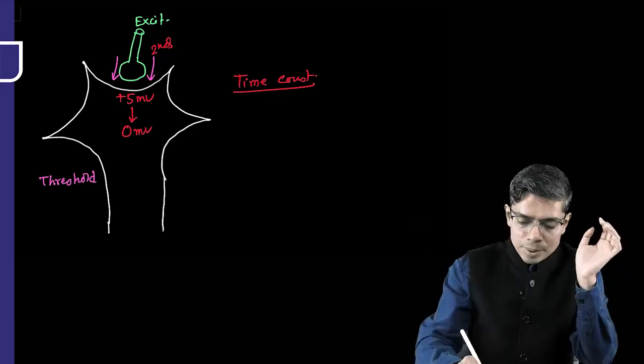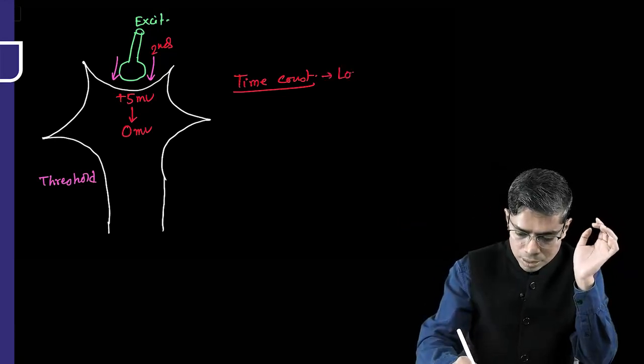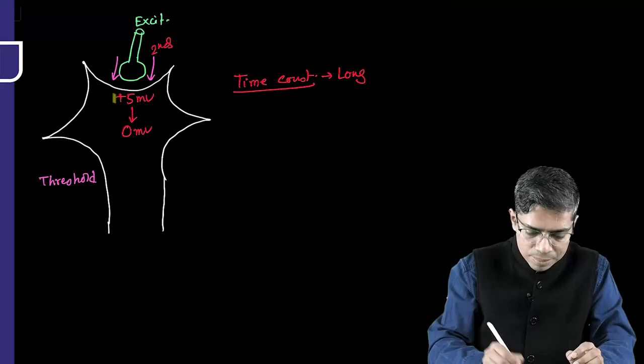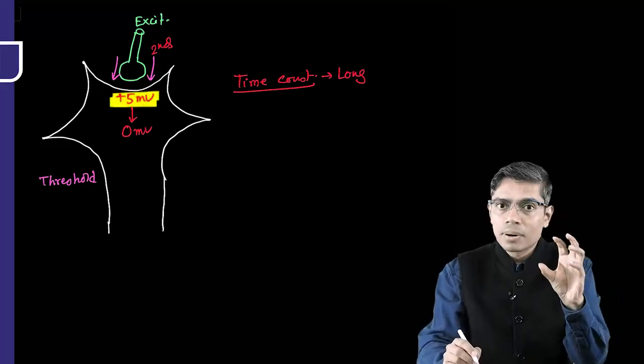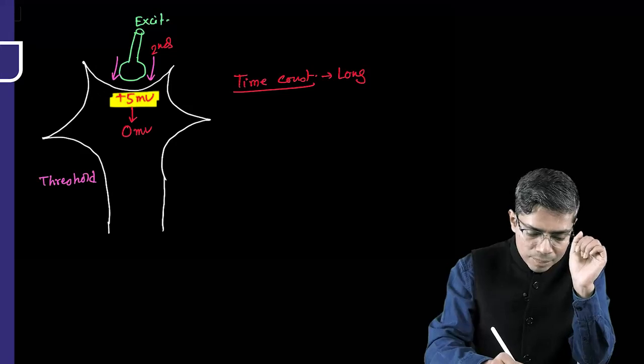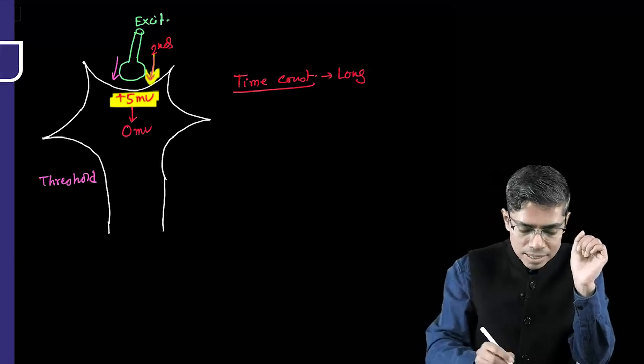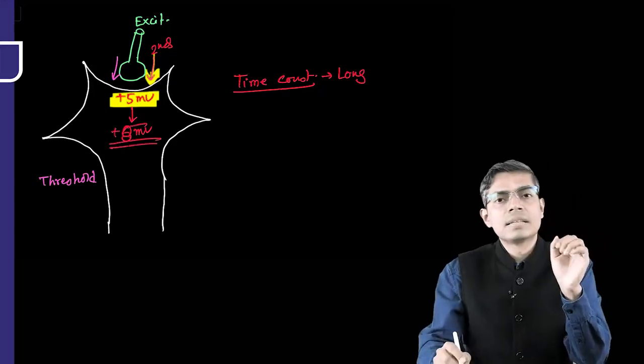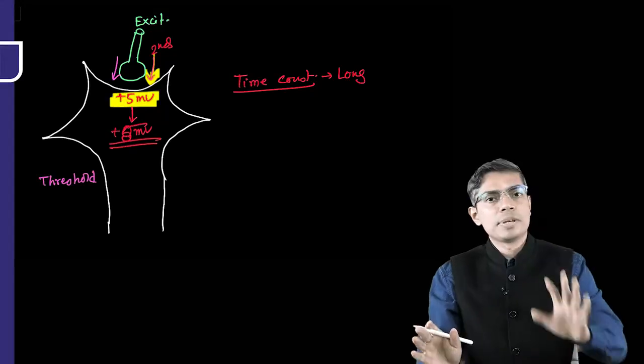But if the time constant is long enough, then what will happen? The first 5 millivolt that has been generated will remain there for a long time, and by the time you give a second stimulus, the second stimulus will add up with the first stimulus, and then summation is going to happen.